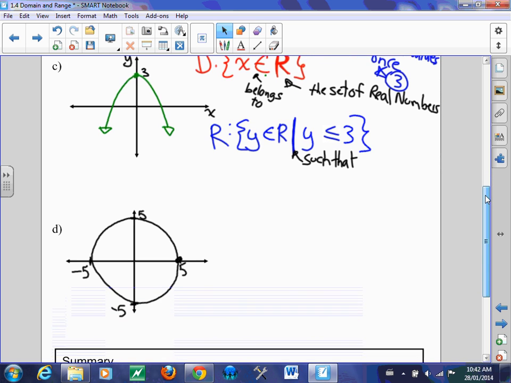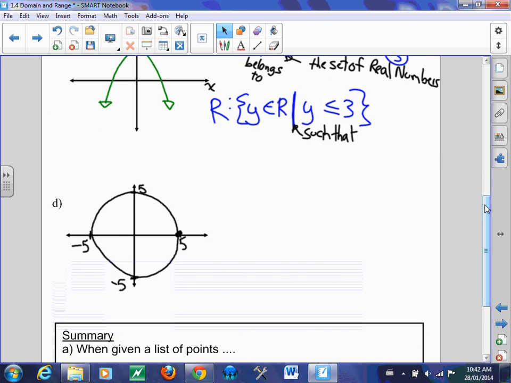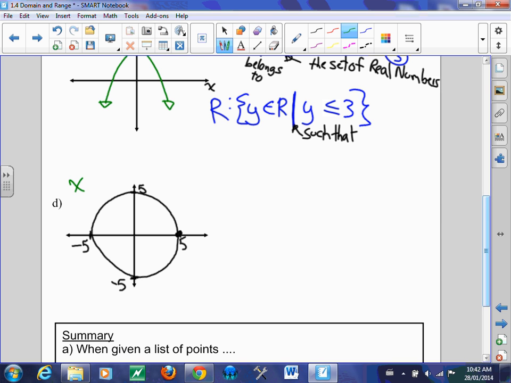All right. Let's try our last one, a circle. If you're wondering what the formula for this would be, it's x squared plus y squared equals r squared, and r is 5, so that would be equal to 25. Now, domain. How far left and how far right can I go?